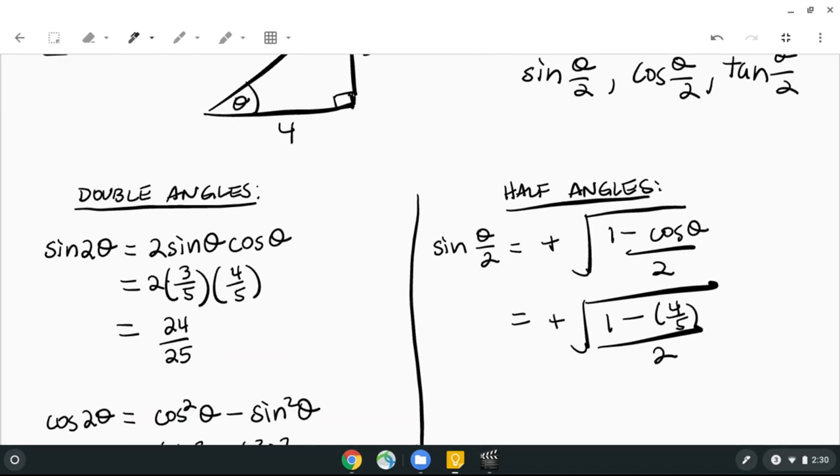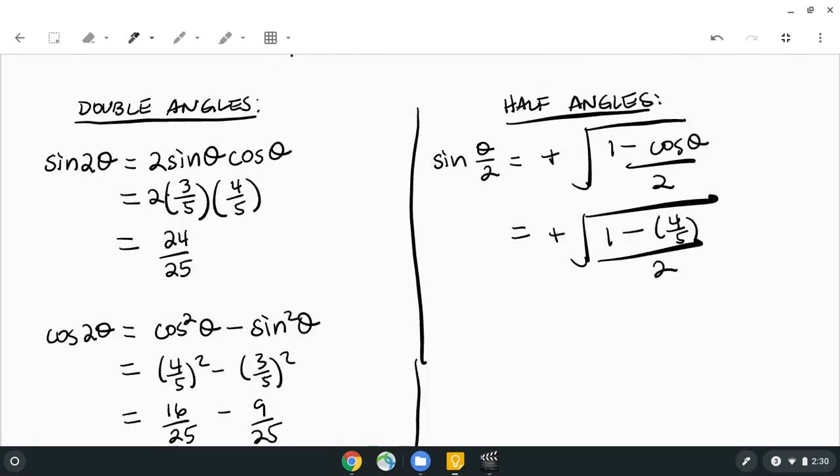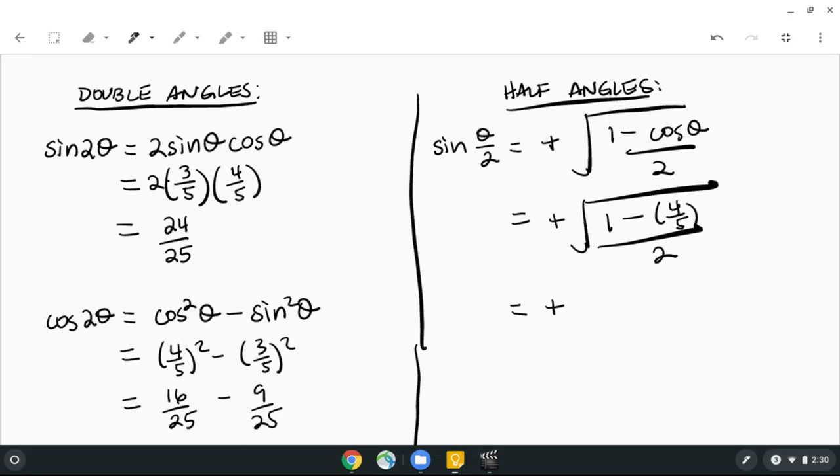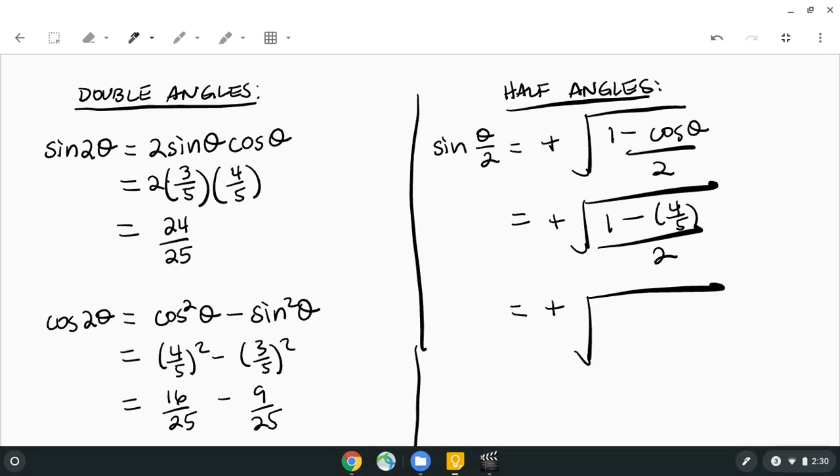Okay, and same thing with what I just did with that tangent double angle, I'm just going to get rid of my fraction. You could get rid of the fraction right now by multiplying everything by 5, including that 1. Or if you want to do the subtraction first, that's fine too. So if you do 5 over 5 instead of 1, you do 5 over 5 minus 4 over 5. That's 1 over 5. And now you can go ahead and get rid of your fraction.